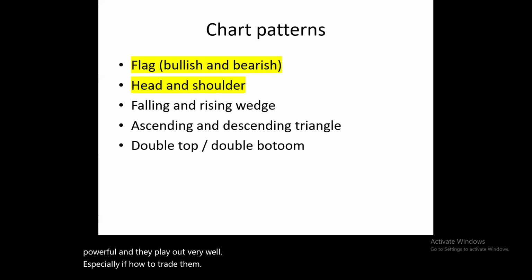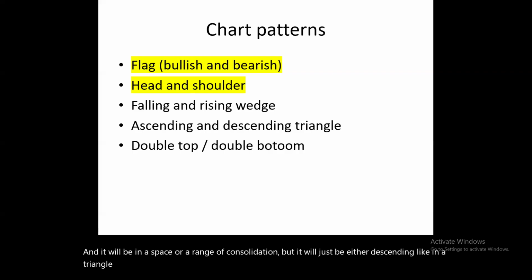Then ascending and descending triangles. You mostly see this pattern when price is trying to do a pullback and it will be in a space or range of consolidation, either descending like in a triangle form or ascending. When you see that, you should know that the market is about to have a breakout.